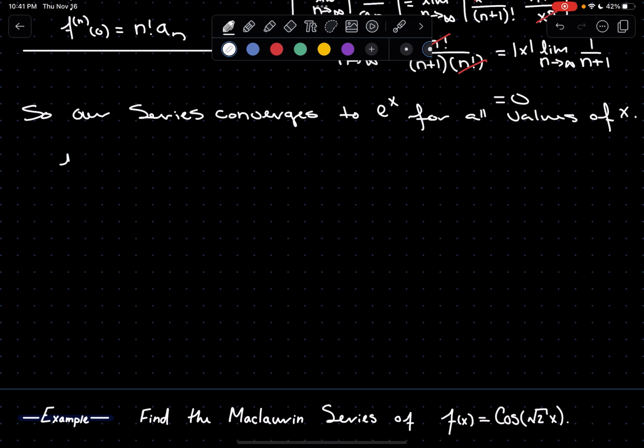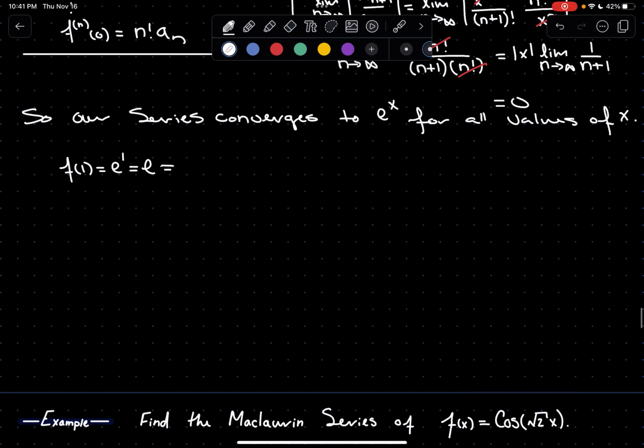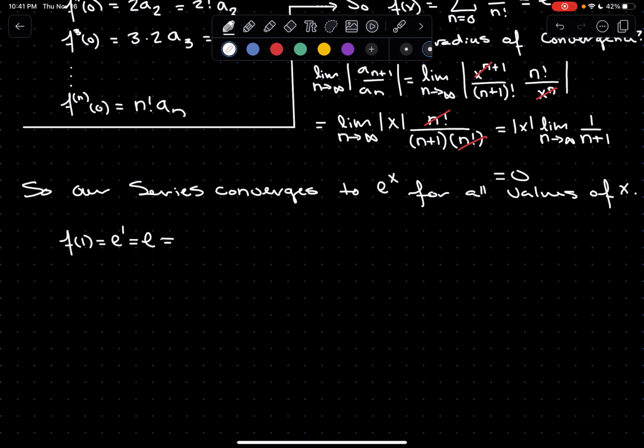You can say, well, f of 1 is equal to e to the 1, right? Which is just equal to e. But I know that that's just this sum, n equals 0 to infinity of x to the n over n factorial. But x is 1, so this is 1 to the n over n factorial.